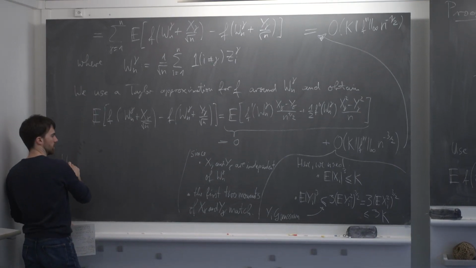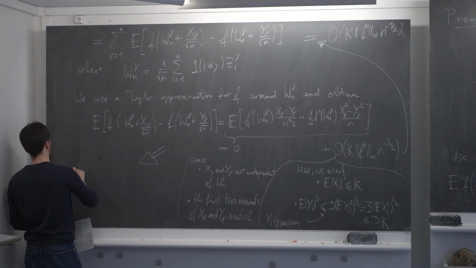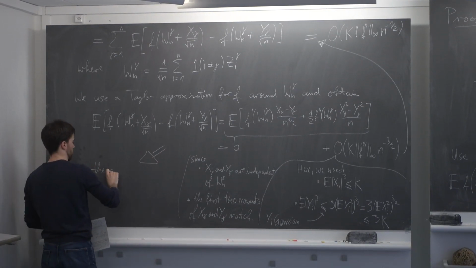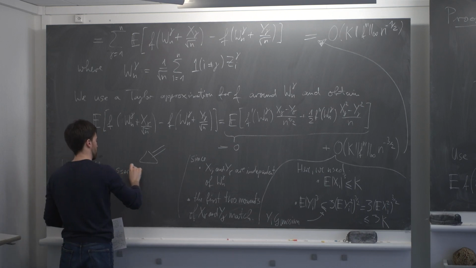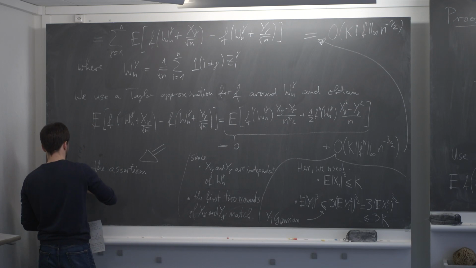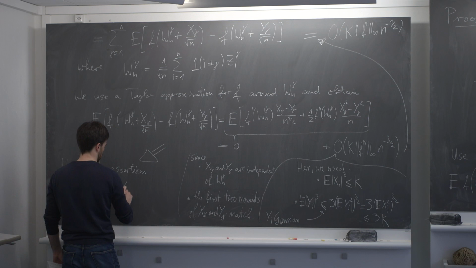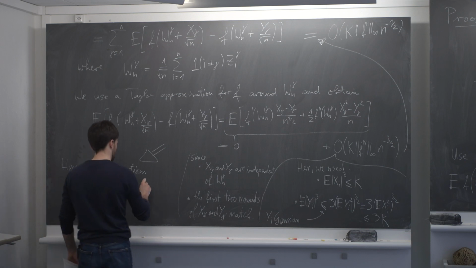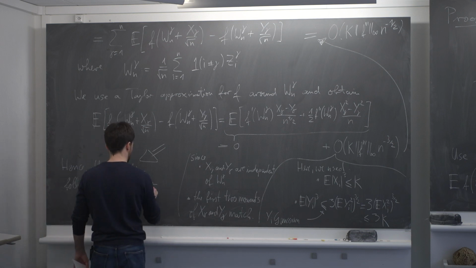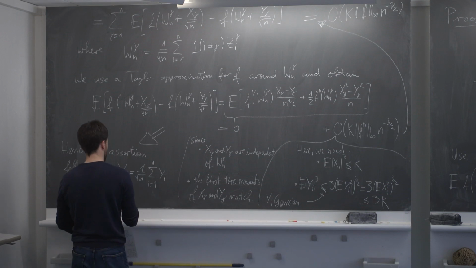So maybe I write here, from all of this, it follows, the main assertion follows, because if I define y to be this combination, then I get the standard normal variable.